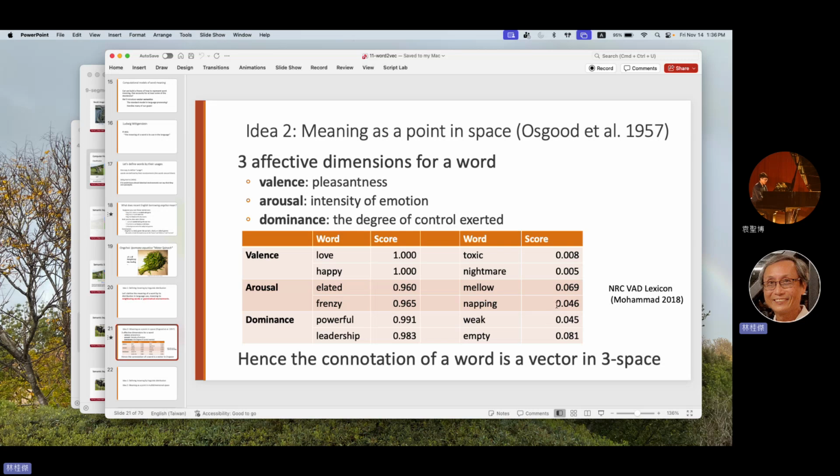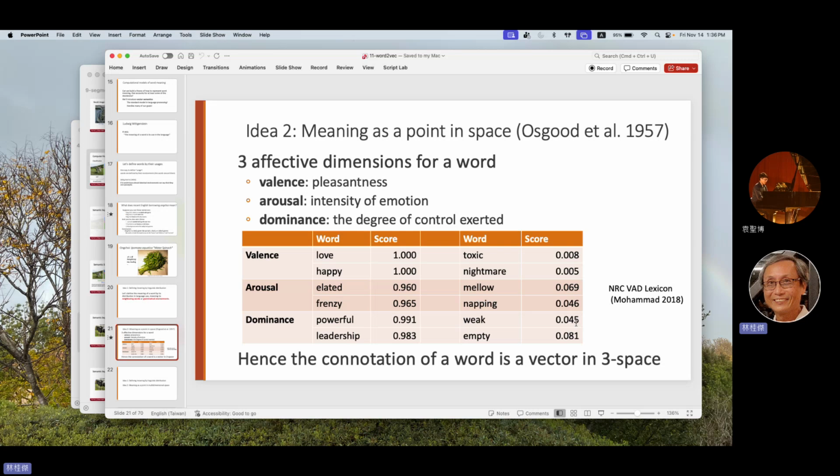And so in that particular dimension, one would have a very high score and the other a very low score. And the last one here: compare leadership and empty. Leadership means you have very strong capability, or strong dominance, compared with powerful and weak, where one is very strong and the other is very weak.